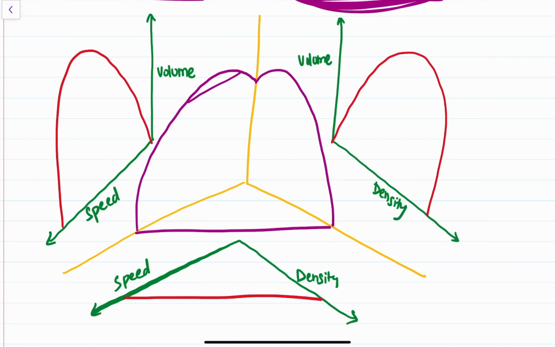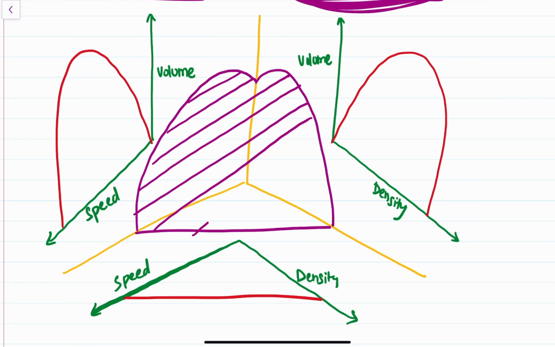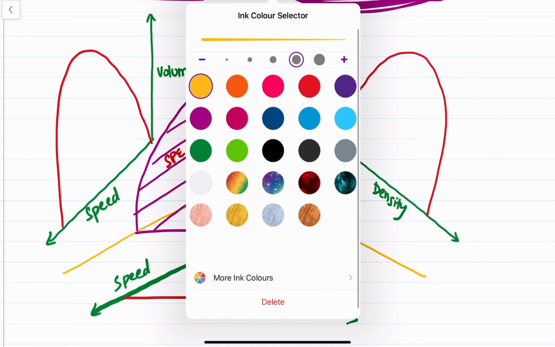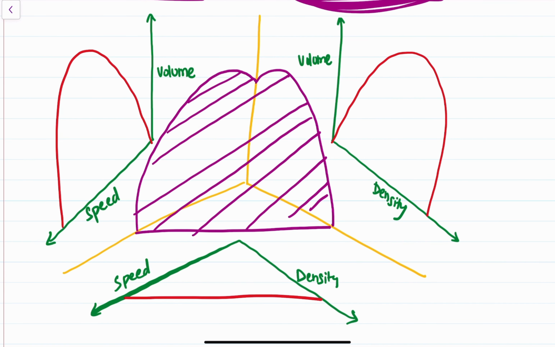Okay, this is the volume, speed, density surface.